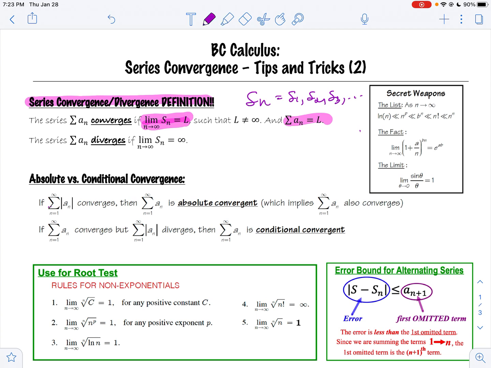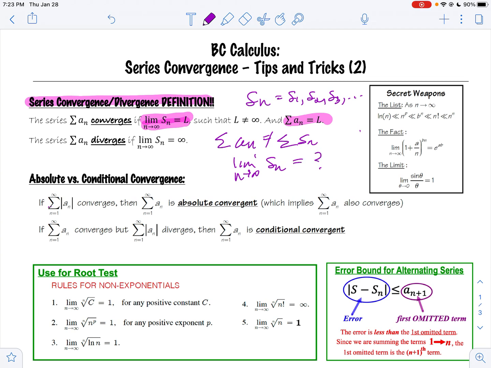What's important to note is that we're not saying that this is equal to this, right? That's not what we're saying. You're not actually comparing series together. You're looking at the limit as n approaches infinity of that sequence of values, and we're trying to see what's going on with that.